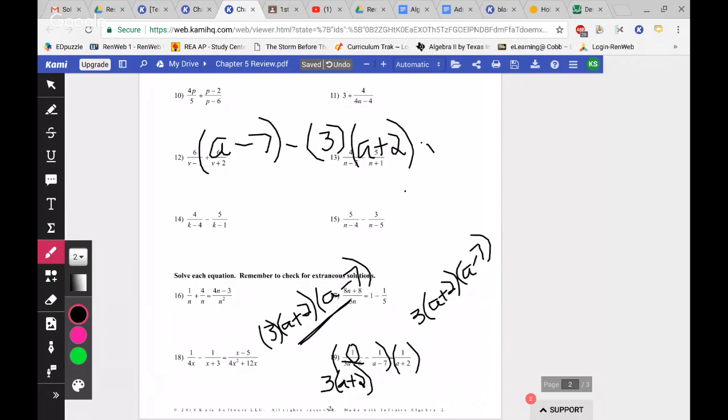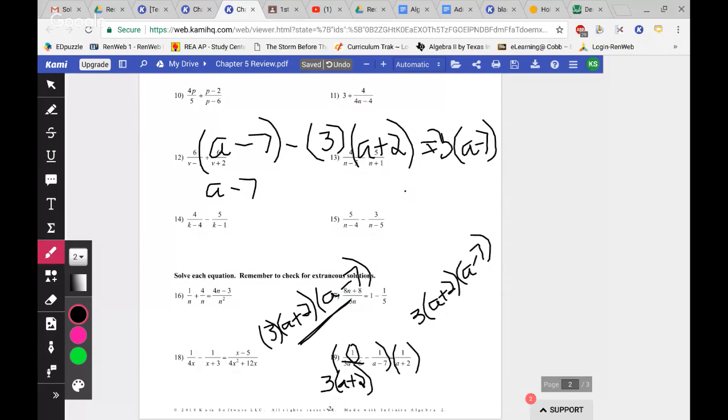On the left-hand side, the a plus 2 goes into the 3 times a plus 2, a minus 7, and leaves you with 3 times a minus 7 on the right-hand side of the equal mark. So now I'm going to distribute.